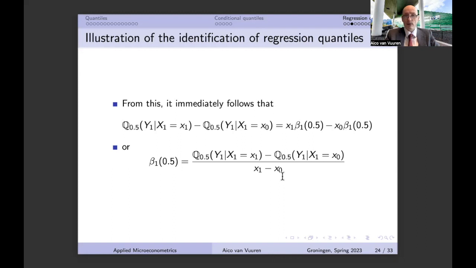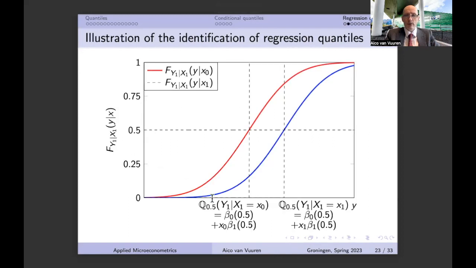And because the quantiles are known if we know the data distribution, and x1 and x0 are of course known as well, that immediately implies that beta 1 is identified. Of course, based on the assumption that x1 is not deterministic.